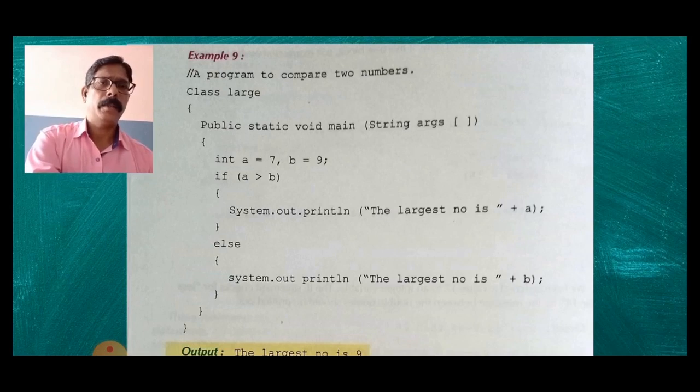If A greater than B, System.out.println, the larger number is plus A. Else, if the condition is false, else System.out.println, the largest number is plus B.